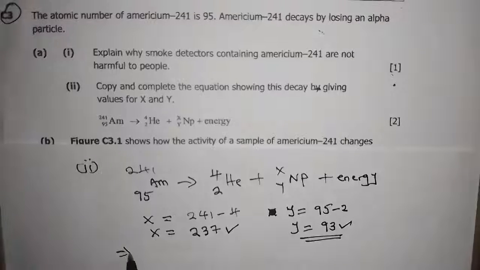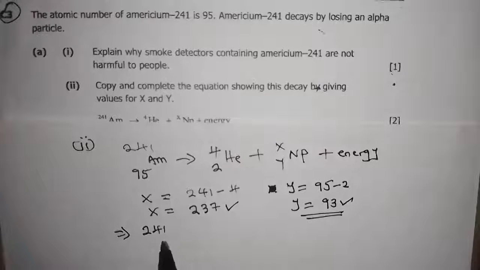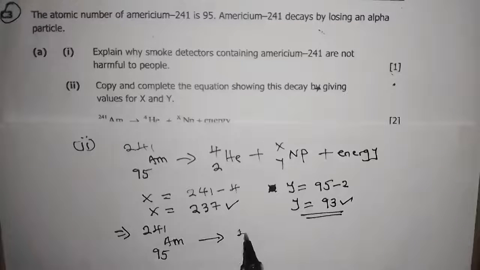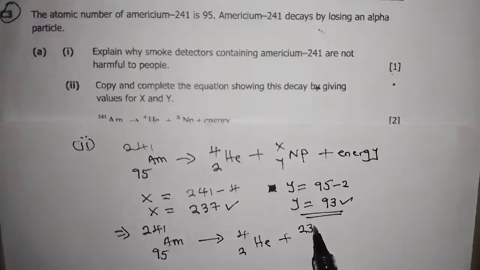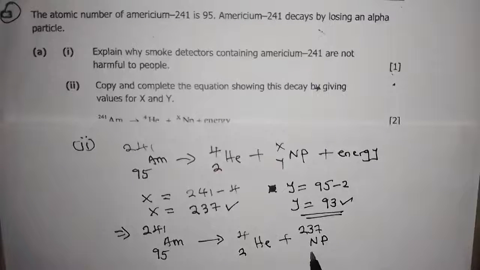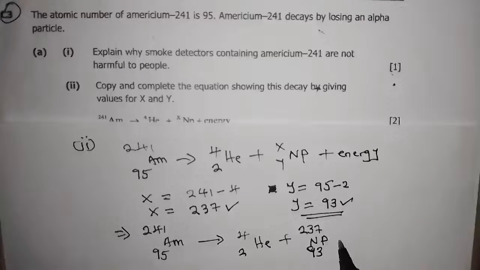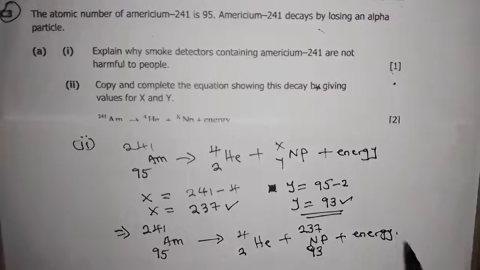So therefore, the completed equation is going to be 241, 95, that, so you're going to have 237, and this is Np, and we have 93 there, plus some sort of energy.